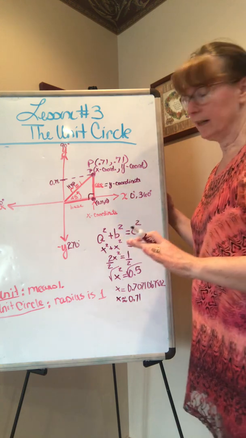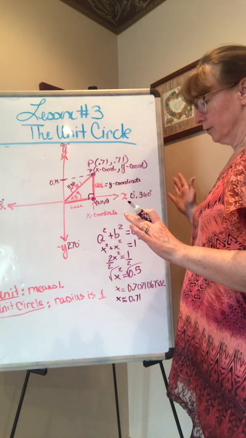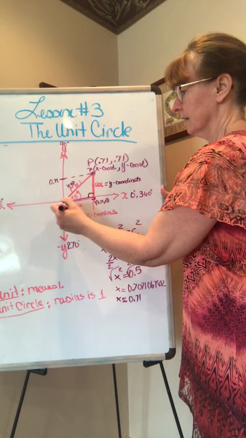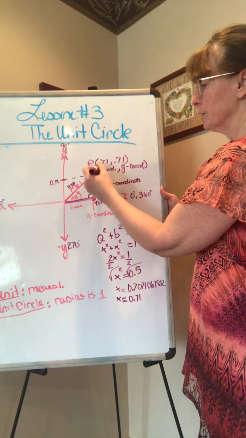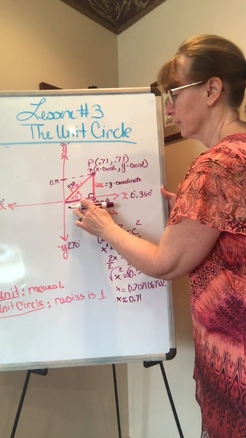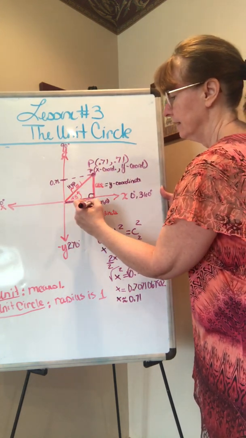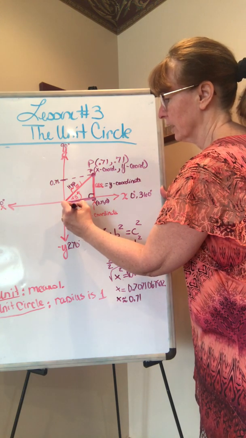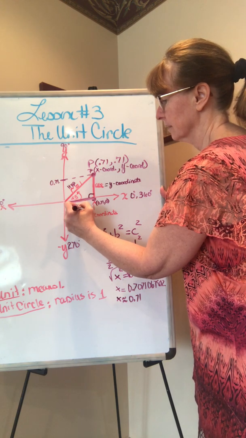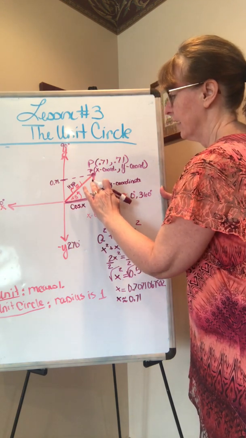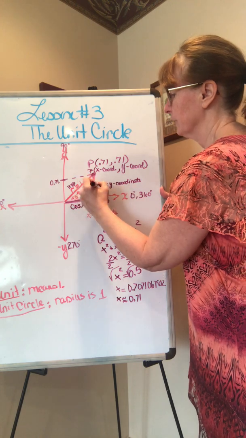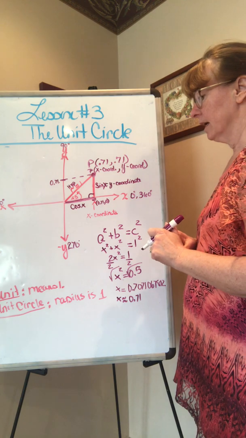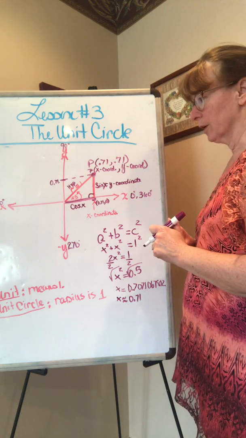It's a little confusing, I know, but if you try to follow along, the base is going to be equal to, I'm going to get rid of the word base, the base is equal to the cosine of x, and the altitude would be equal to the sine of x, and that would be the x coordinate and the y coordinate.